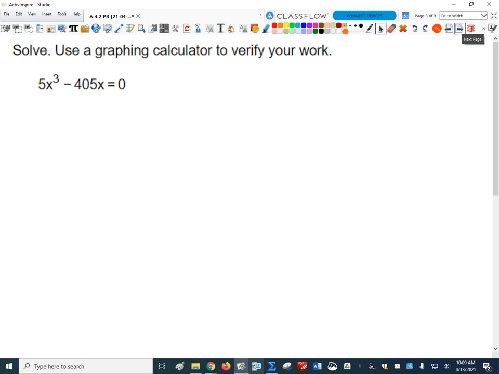How about this one? Okay, good. I could factor out a 5x, couldn't I? First step. There's our greatest common factor.